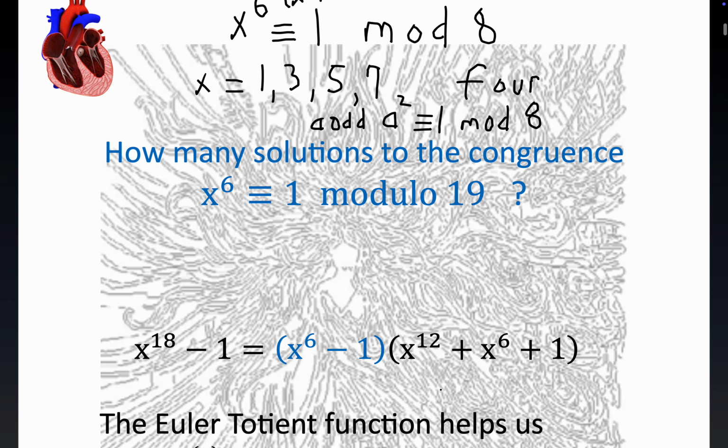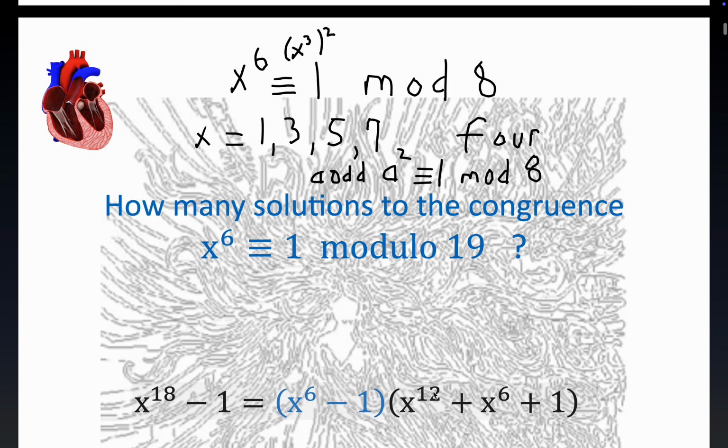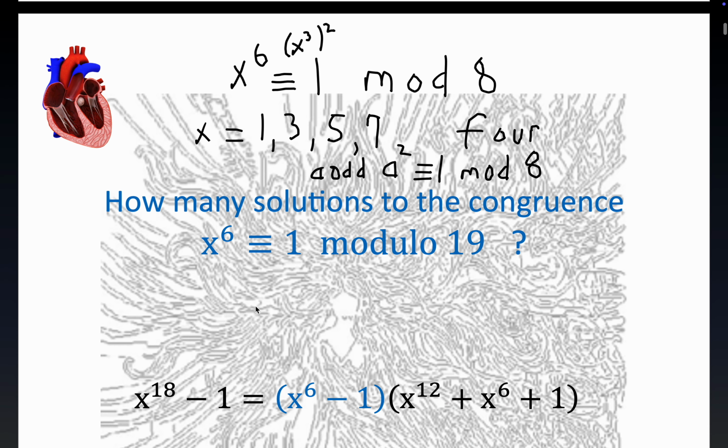Now, a good start almost invariably is to see if we can factor, get this to appear in some known factorization. Just another way to write this congruence, you can write it as x to the 6 minus 1 is congruent to 0. And of course we're talking mod 19.